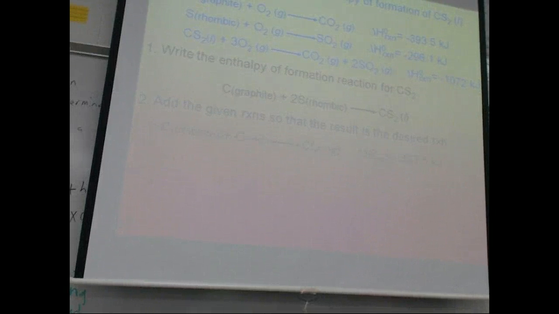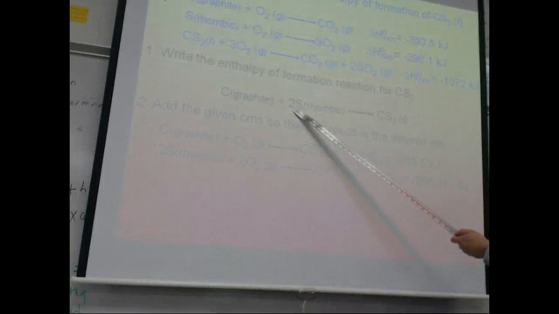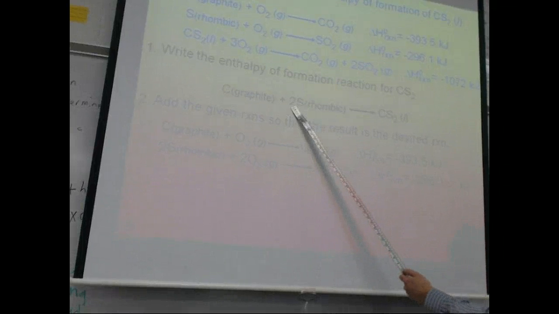Okay? So the first one is good. That gives me the graphite where I want it. See it? Yay. Next I want the sulfur as the other reactant. Why would you multiply by 2? Why am I multiplying by 2? Oh, I need 2 of them, the stoichiometry. I need 2.